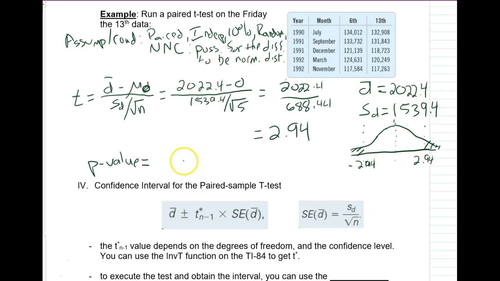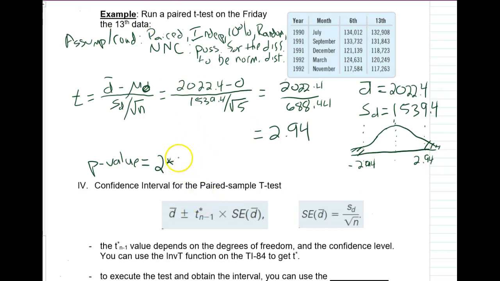So for my p-value, I need to take 2 times, and I'm going to use inverse t. And actually we're not going to use inverse t. That's if I needed to find a t-score, but we're going to use tcdf.